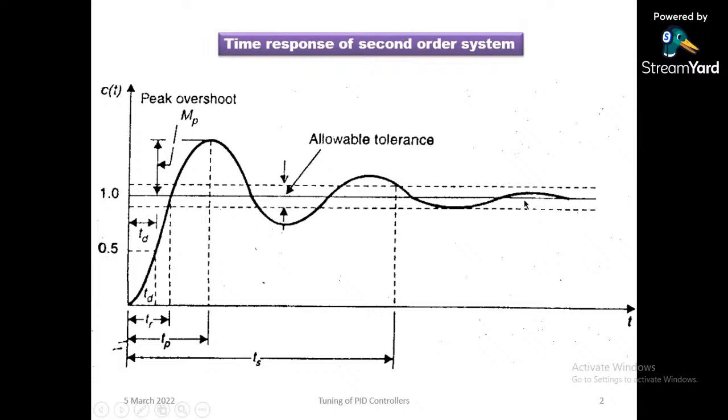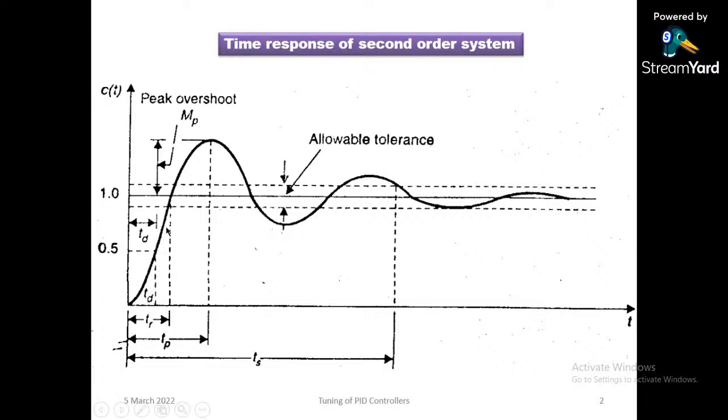Now, when you apply a step input to any system, especially a standard second order underdamped system, it will produce the output like this. I just plotted that graph of C of t over time t. You can see that this graph starts from the origin.